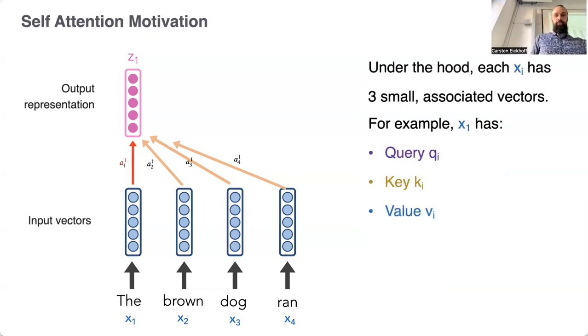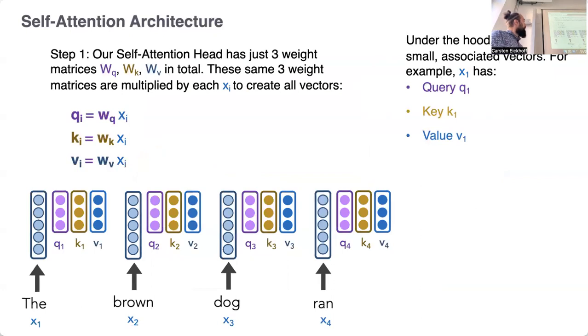Alrighty. Now, here comes the magic. In determining this weight here, I'll have 3 components, right? So I'll have 3 neural networks that help me do these things. I'll have queries, keys, and values. We'll talk about what they do in a moment. So it looks something like this. For the word here, I have my local embedding.